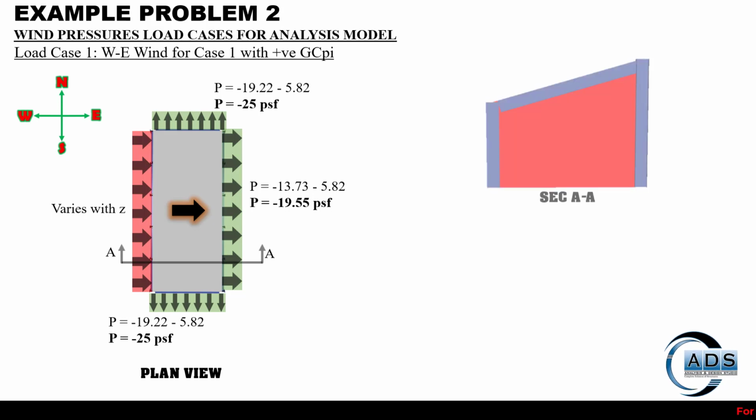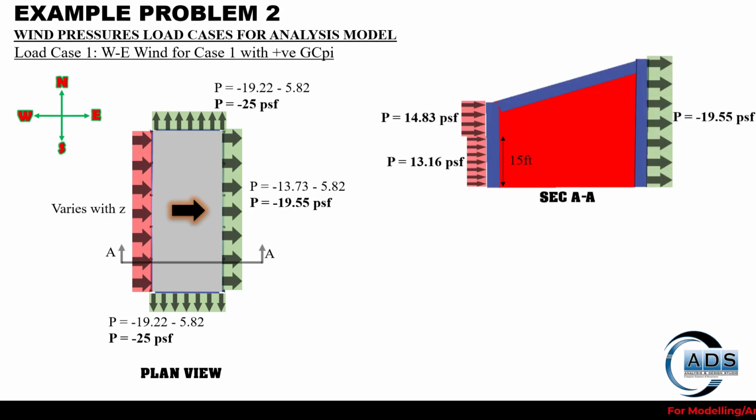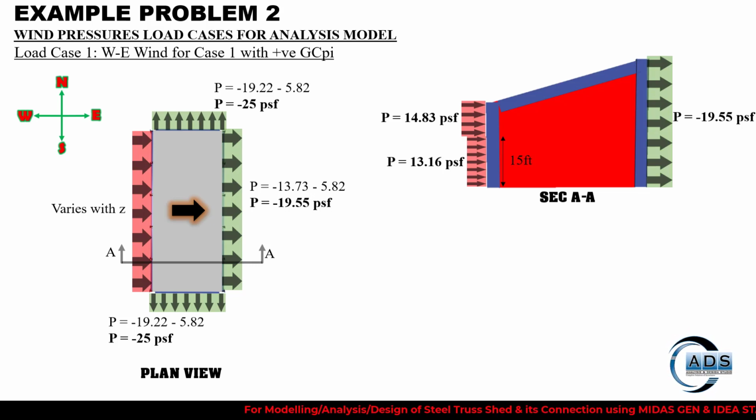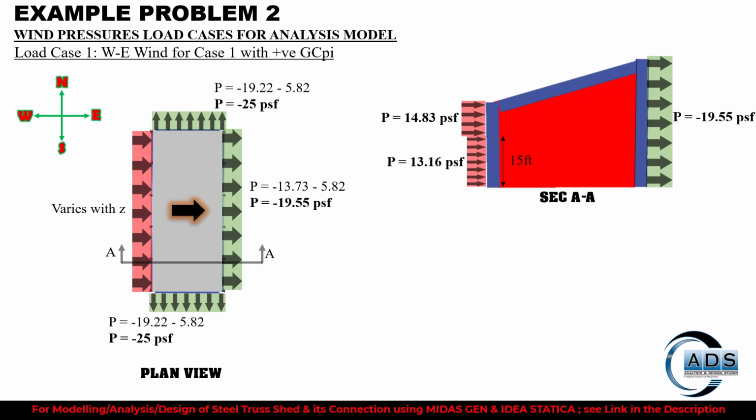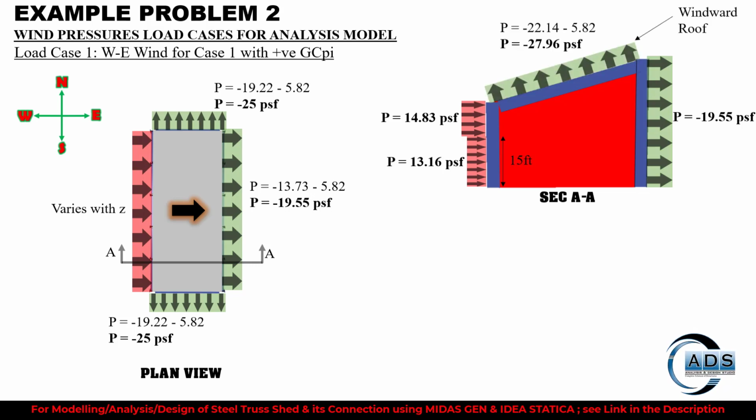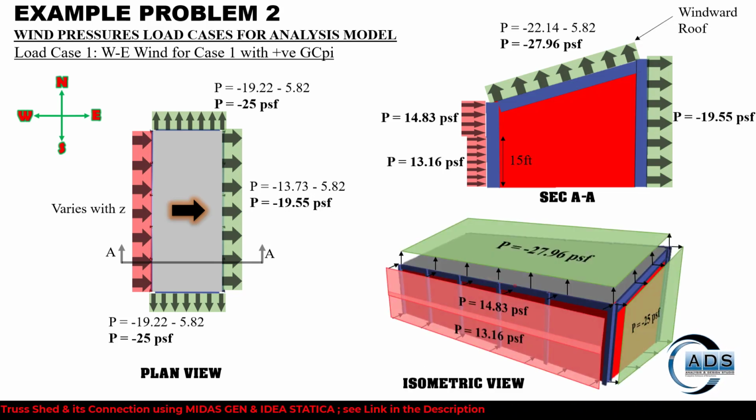When we cut a section AA, we can see that the windward face is having 2 pressures, because from 0 to 15 feet the pressure is same, and above the pressure changes as Z. Now the roof is acting as windward roof here for this particular wind direction, so the pressure is shown, and in the isometric view the pressures look like this.